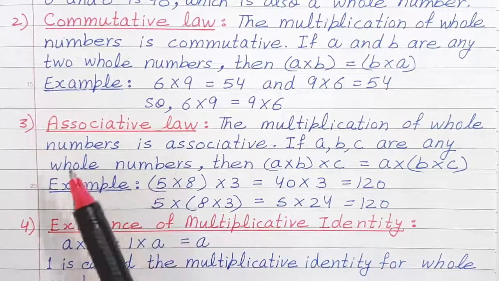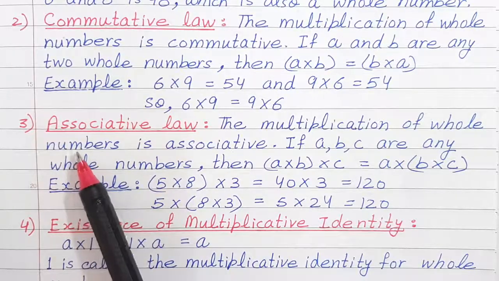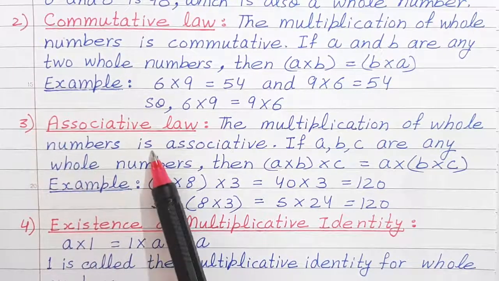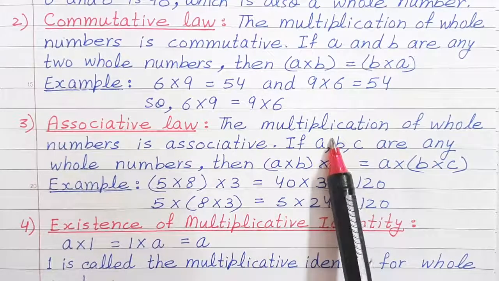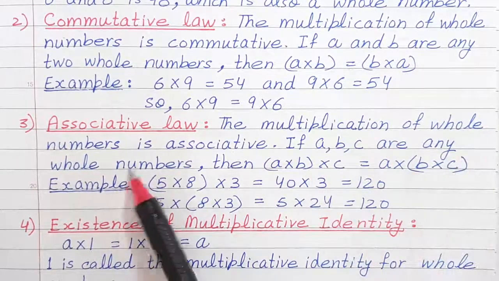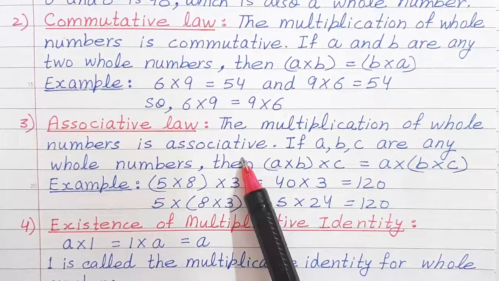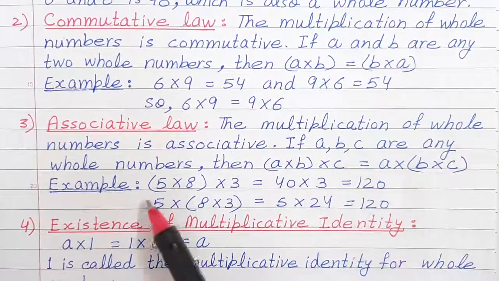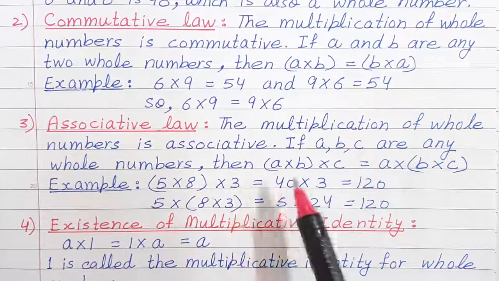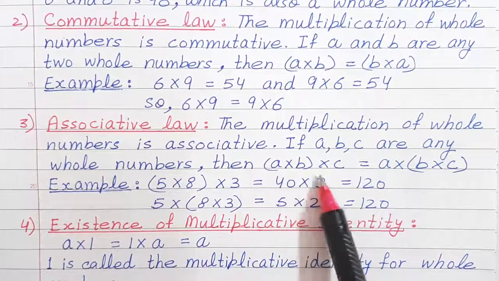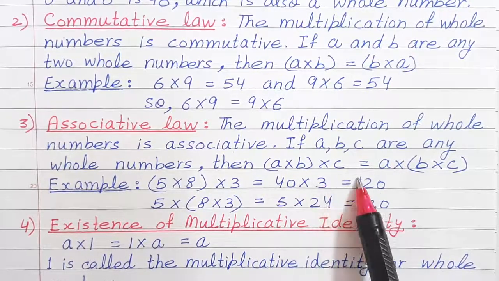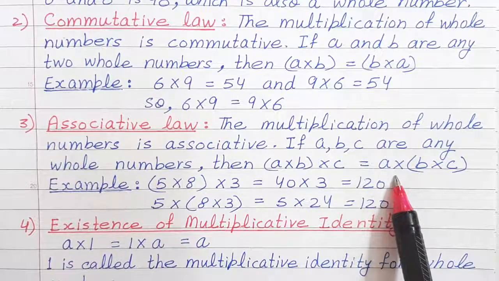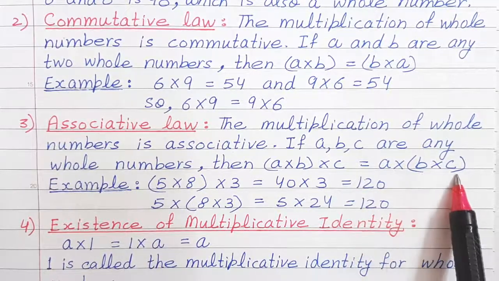Now children, the next property is associative law. The multiplication of whole numbers is associative. If A, B, C are any whole numbers, then (A multiplied by B) multiplied by C is equal to A multiplied by (B multiplied by C).